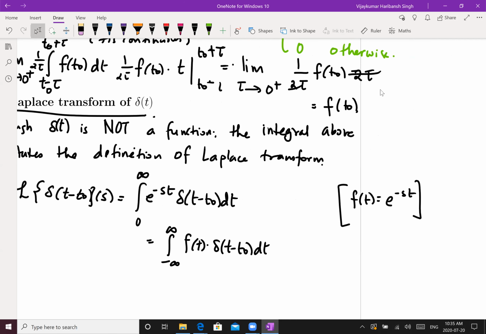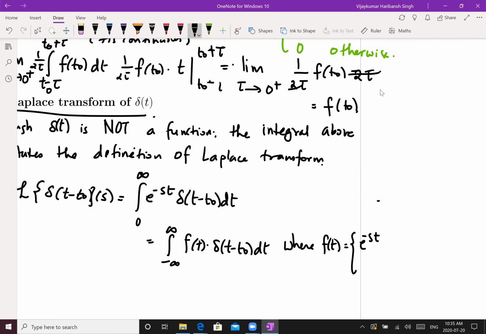What is my f of t? f of t is e to the power minus st if t is greater than or equal to 0 and is 0 otherwise.